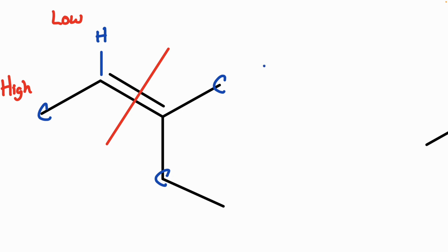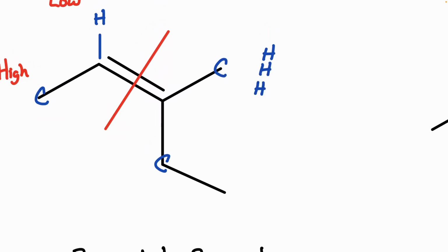This carbon is bound to 1, 2, 3 hydrogens. We're going to look at our other carbon atom. What is that bound to? It's bound to 2 hydrogens, but then what's the third bond? That other carbon. So my list here is carbon, hydrogen, hydrogen. And we can see that in my list here, I have an atom with a higher atomic number, making this my high priority group. So the ethyl group's high priority, and the methyl group is low priority here.